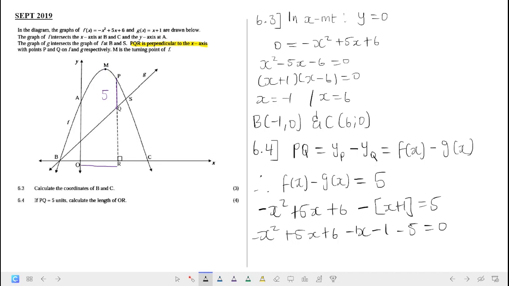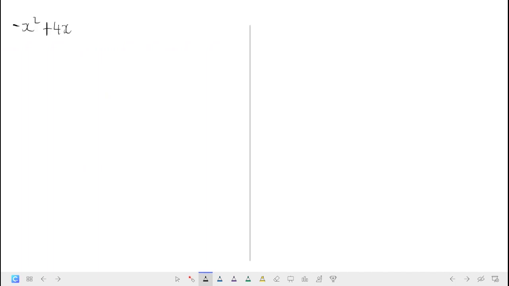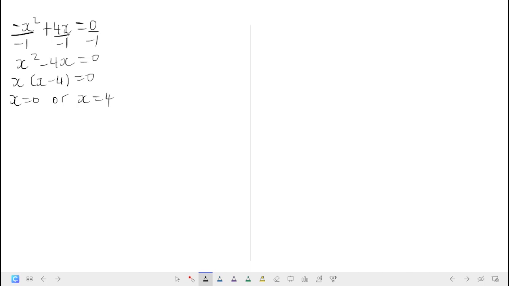Now 5 - 5 is going to give me 0, so I'll just have this equal to 0. Now let me divide by -1. And then I'm going to get x² - 4x = 0. And then x(x - 4) = 0. x is 0 or x is 4.